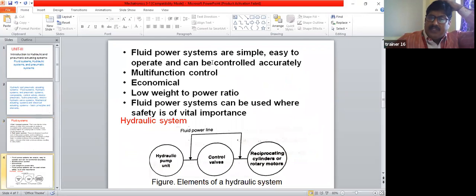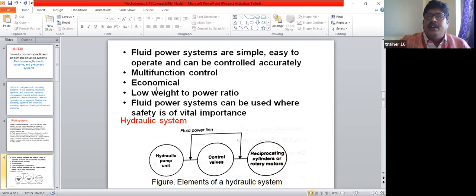In fluid power systems, these are the advantages. They are easy to operate and can be controlled accurately, that means accuracy is more. And they have multifunctional control, so we can control the machine or equipment with a liquid or a gas.